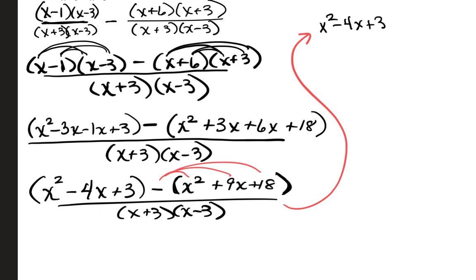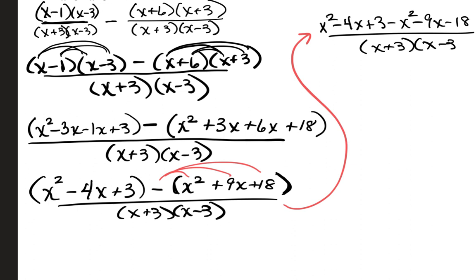Okay, distribute it through. So minus x squared minus 9x minus 18. Make sense? Distribute it all the way through. This is where people miss it, because they didn't distribute the negative all the way through. But it's the difference between getting it correct or incorrect.